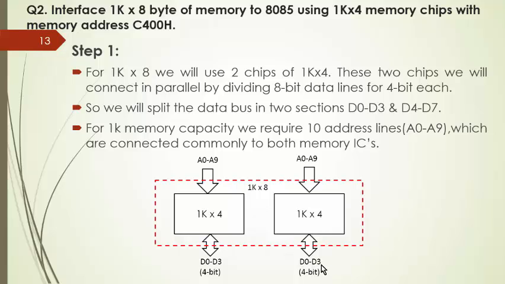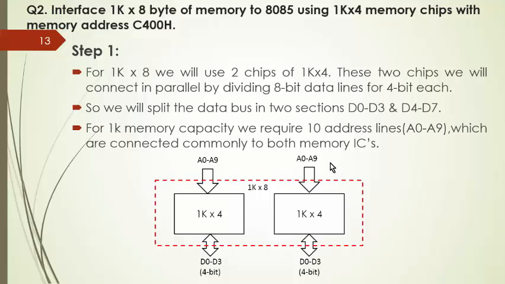So 1K by 4, this 4 indicates 4 data lines. The data bus of 8085 we will divide in 2: D0 to D3 with the first memory IC, and with the second memory IC D4 to D7.